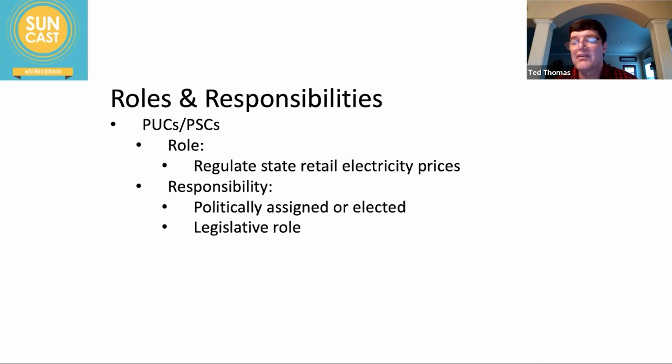Now, the state has different methods they can use. They have authority to do it. They might choose to exercise that authority and have retail access, which gives the consumer choice among who their generation provider is, while transmission and the cost of distribution remain regulated, or they have the traditional rate case method.